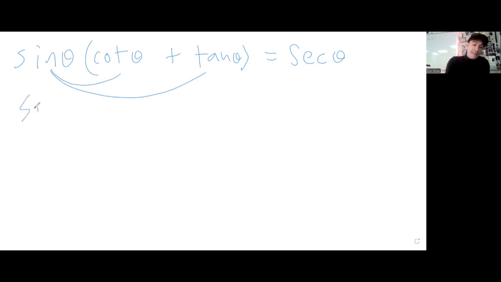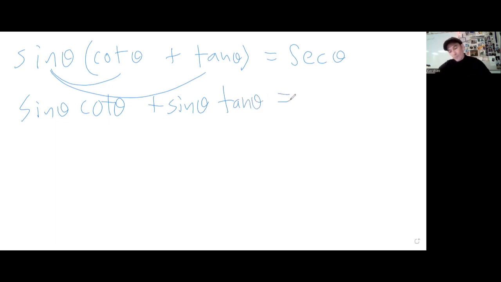So that'll give us sine theta cotangent theta plus sine theta tangent theta. Now we know that sine can stay sine, but cotangent can become cosine over sine, right?